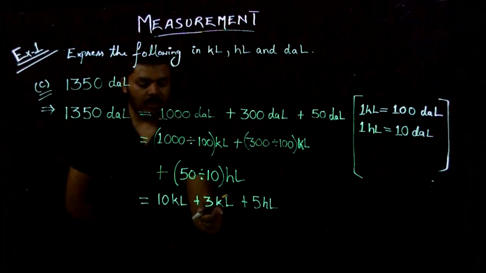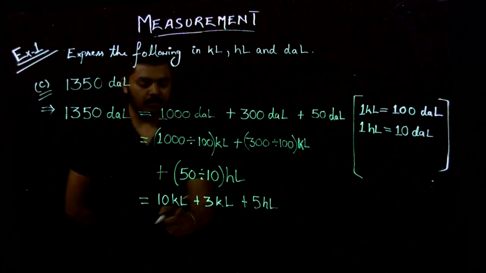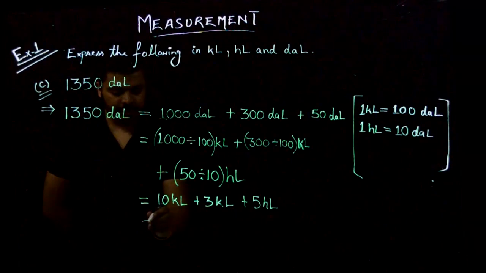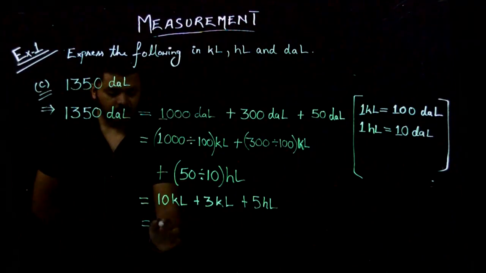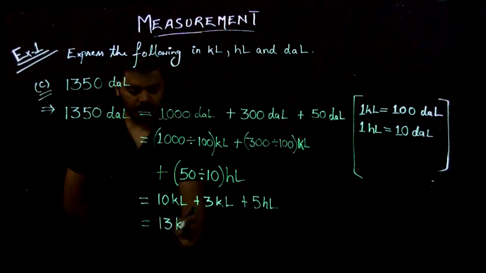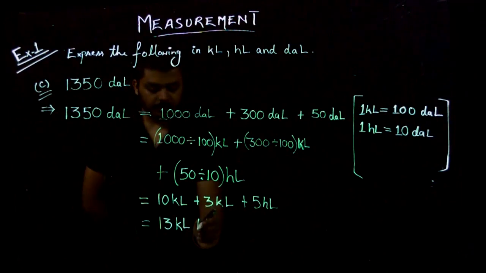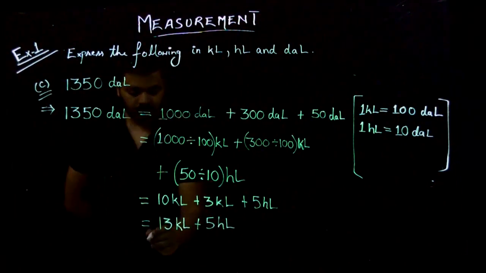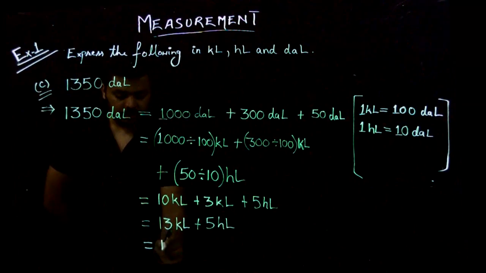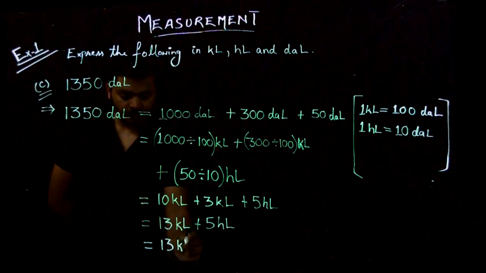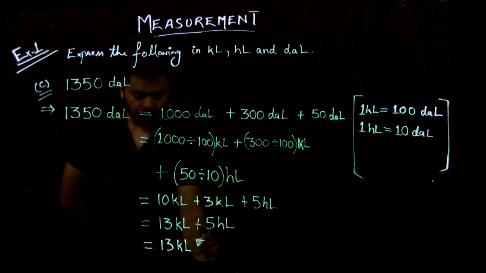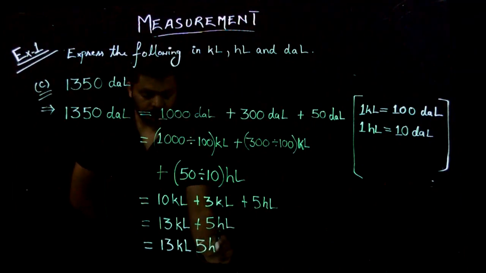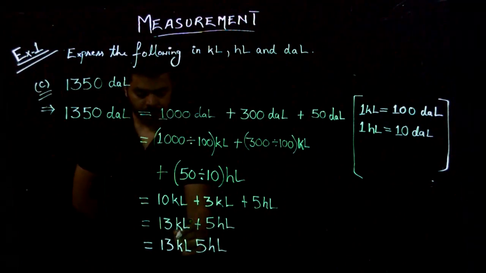Now since 10 and 3 are both in kiloliters, we will add them, so it becomes 13 kiloliters plus 5 hectoliters. So we can also say 13 kiloliters 5 hectoliters.